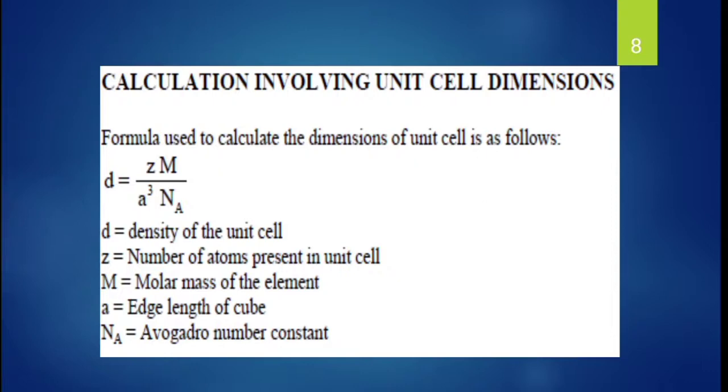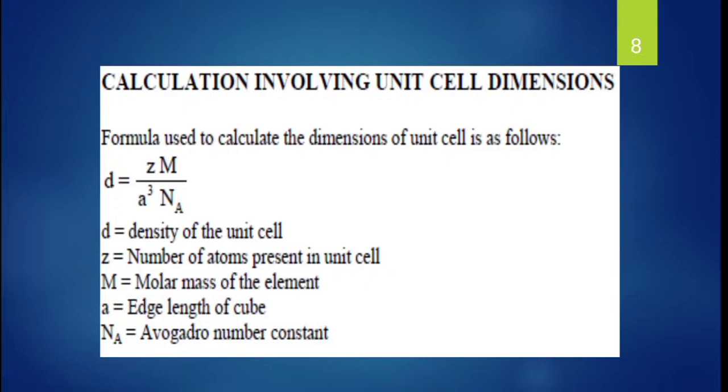At the last, here on the screen we can see the formula to get the density, number of atoms or radius. The formula given is: D is equal to Z M divided by a cube into Na, where D is the density of the unit cell, Z is the number of atoms present in the unit cell, M is the molar mass of the element, a is the edge length of the cube, and Na is Avogadro's number or Avogadro's constant.